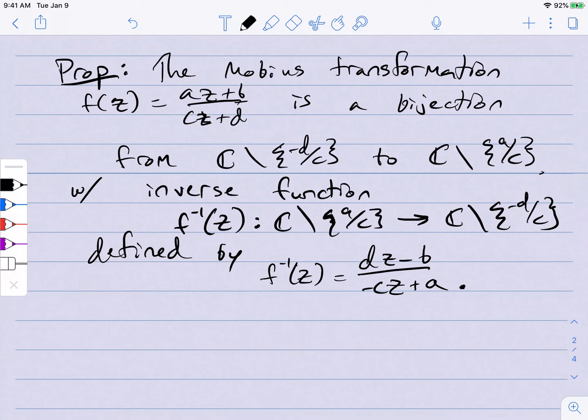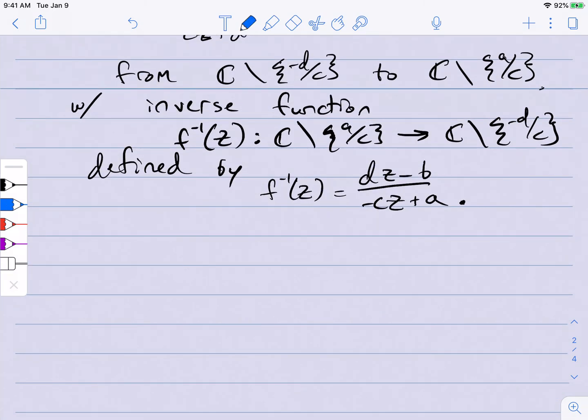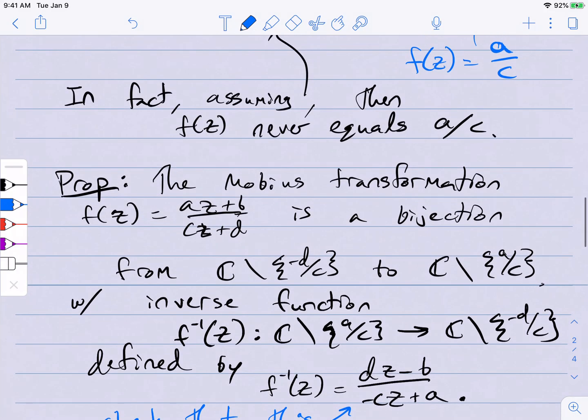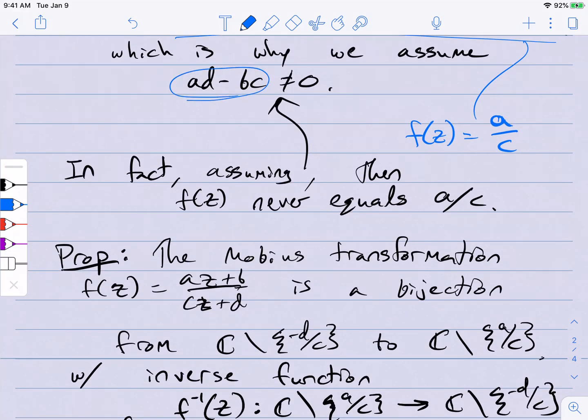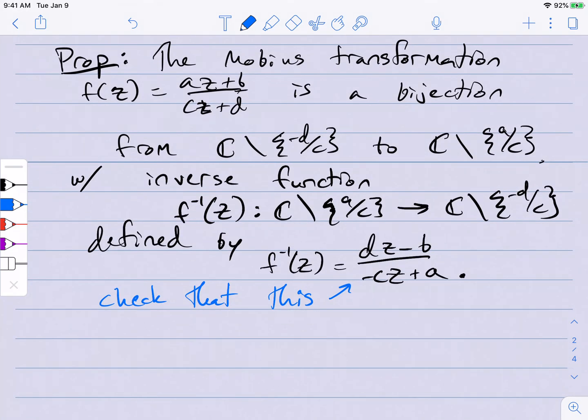Okay, and so what you'll notice is that it's got the same form as f, right? It's a linear function divided by a linear function, and you can check that it satisfies the same property, that this quantity is non-zero. So check by hand on your own that this is a Mobius transformation as well. So what that tells us is that Mobius transformations have inverses, and their inverses are also Mobius transformations.